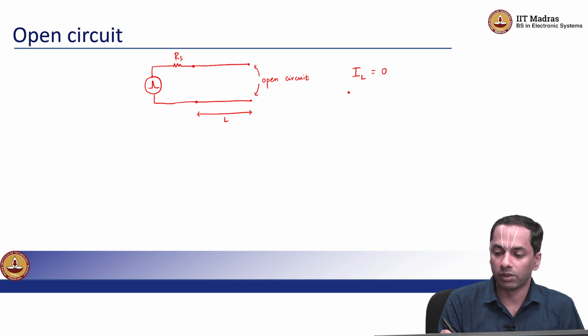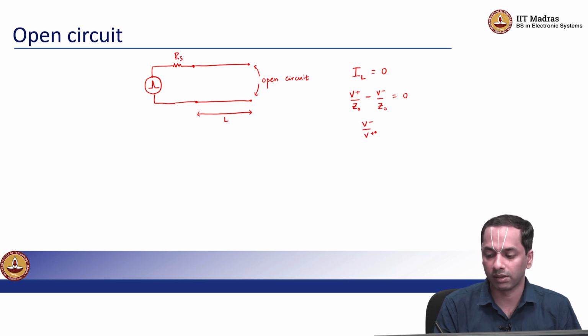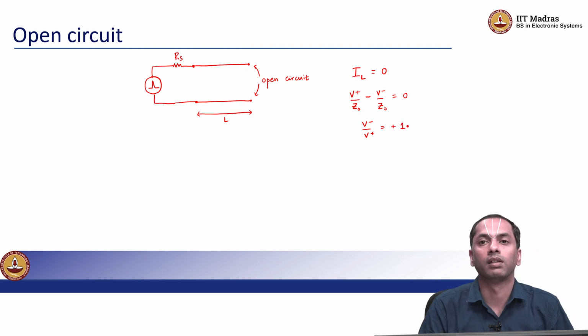So, we know that the expression for the current on a transmission line from the wave equation is V plus by Z naught minus V minus by Z naught is equal to 0, right, which means to say that V minus by V plus is equal to plus 1, right.